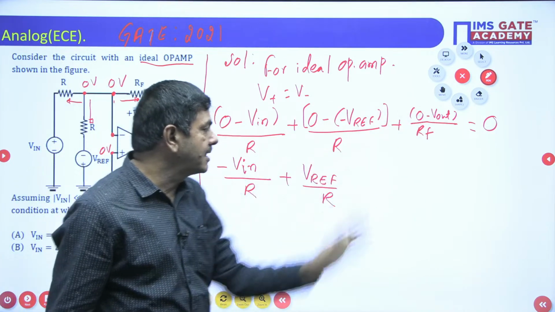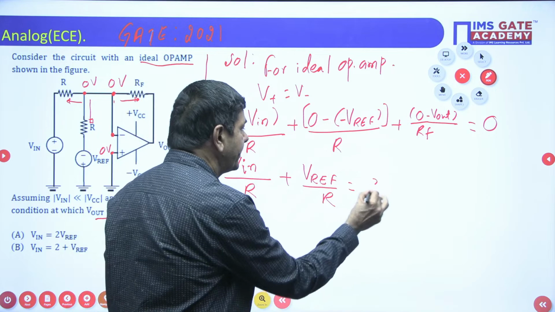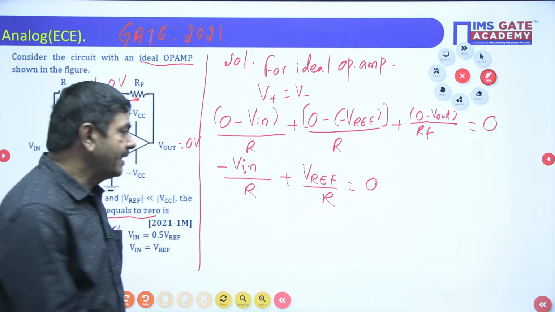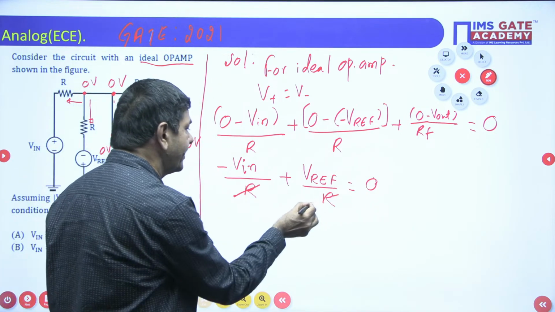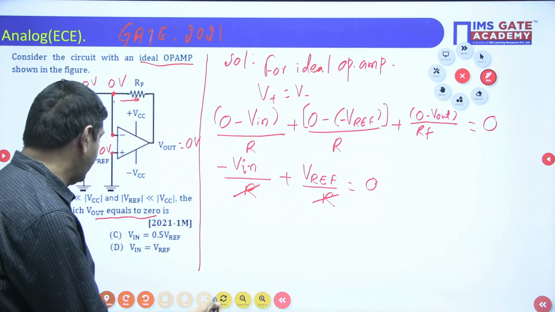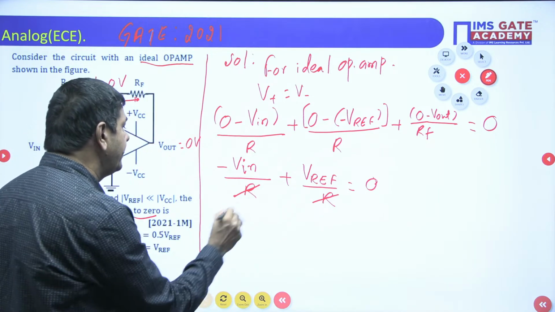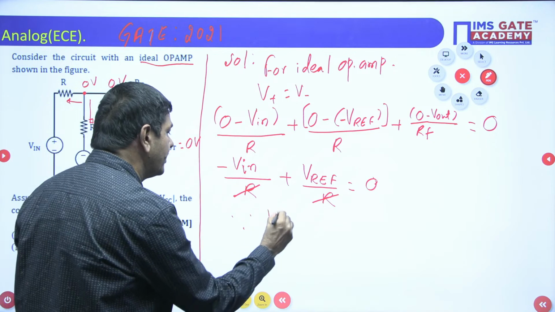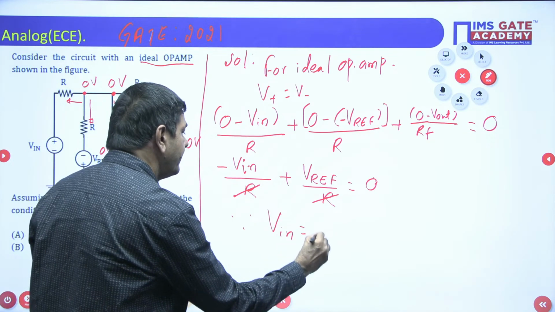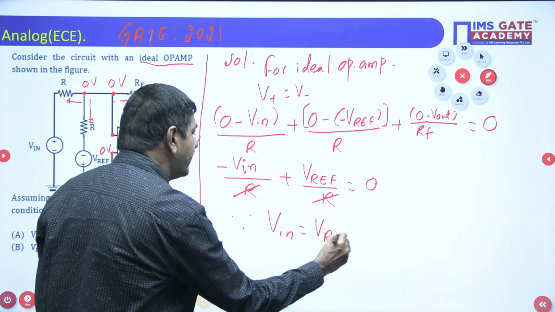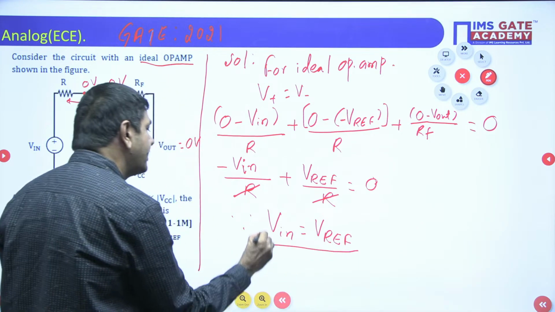This is finally equal to 0. I can cancel the R terms here and here. Finally, I am getting V in equal to V reference. V in equal to V reference, I am getting now. This is the condition.